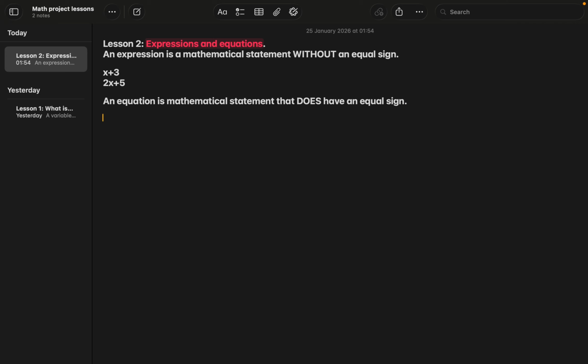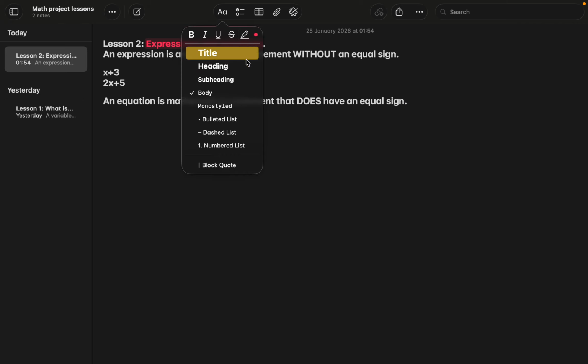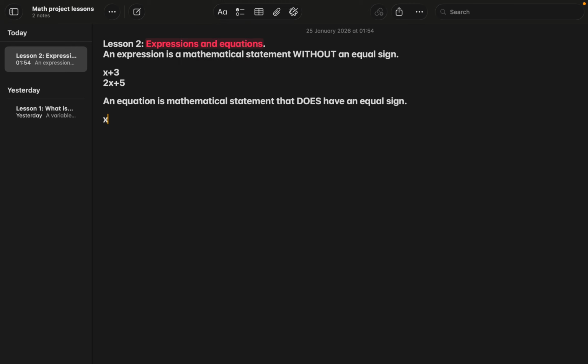For example, let's say x plus 3, right? This is an expression, and if it equals something, let's say 7, it becomes an equation. Here we are saying that x plus 3 is equal to 7 because there is an equal sign and we can solve this, right?